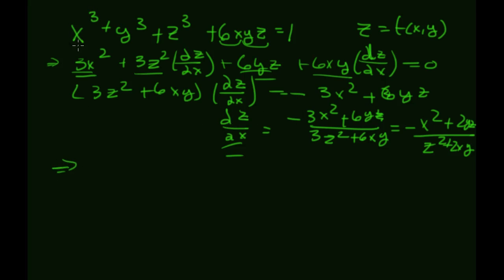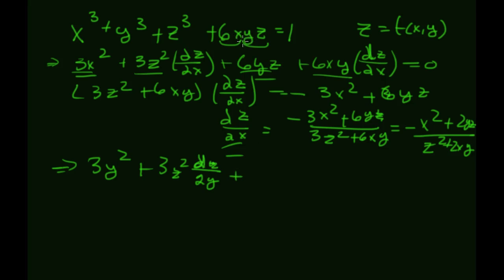So when we take it with respect to y, that term goes out, leaves me with 3y squared plus 3z squared dz dy, all partials, plus, okay, so let's look at what's going on here.